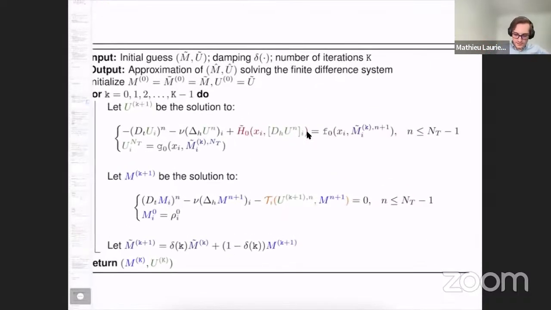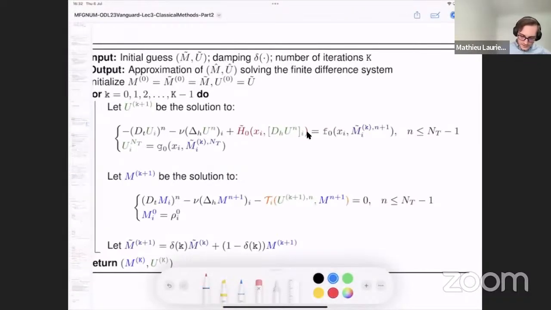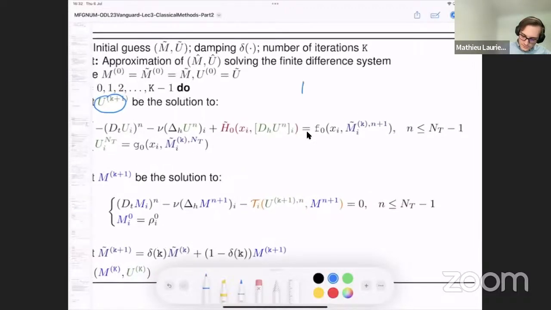So here I add one extra superscript, k. So k denotes the iteration. u^k is an object in R^(N_T+1) times N_H, because I have N_T+1 points in time and N_H points in space.